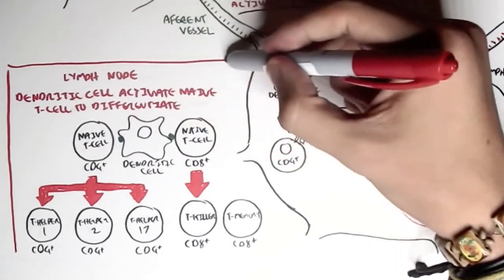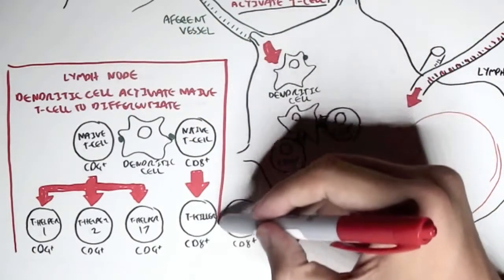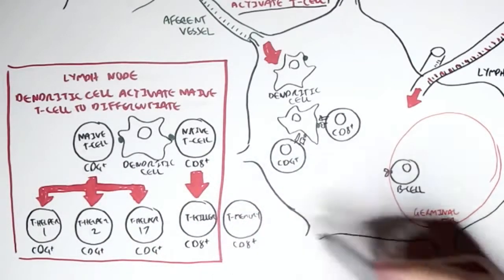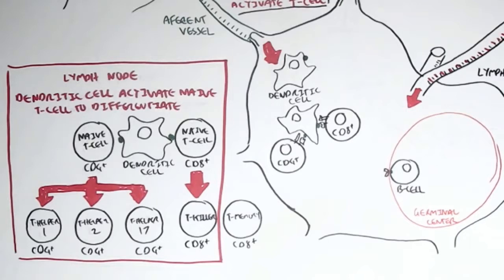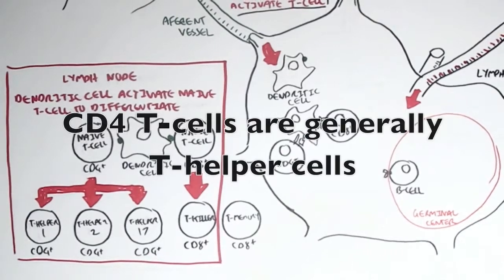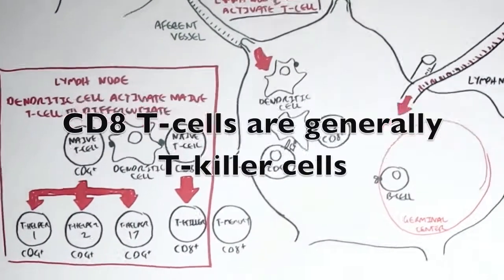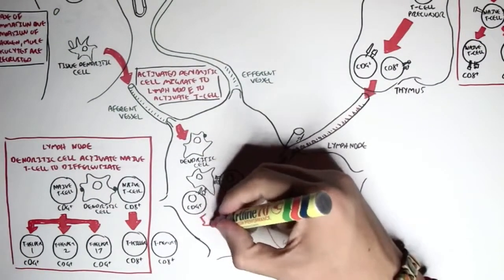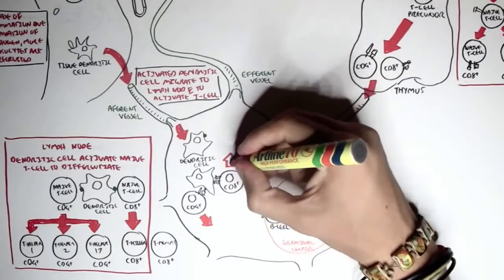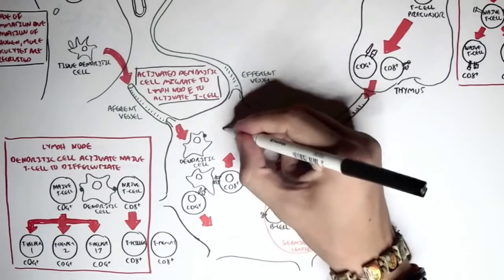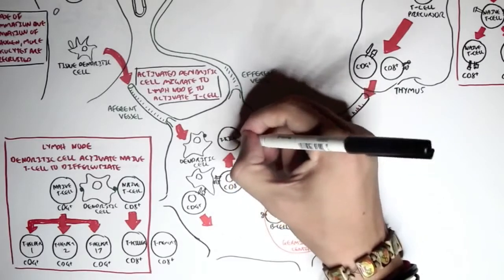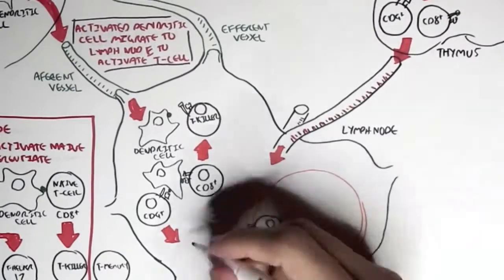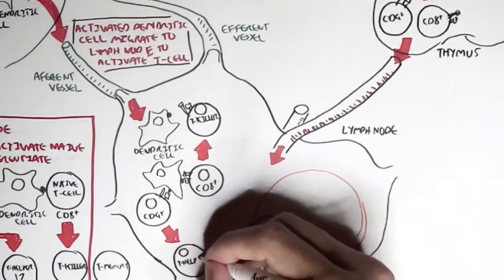And then the naive CD8 T cell will usually be activated to form a T killer cell. And so that is why we usually say a CD4 cell is a T helper and a CD8 cell is a T killer, if that makes sense. So looking back at this lymph node, we have the naive CD8 T cell becoming a T killer and the naive CD4 T cell becoming a T helper. Let's stop there and look at the big immunology map again and look at the activation of these naive T cells in a lot more detail.